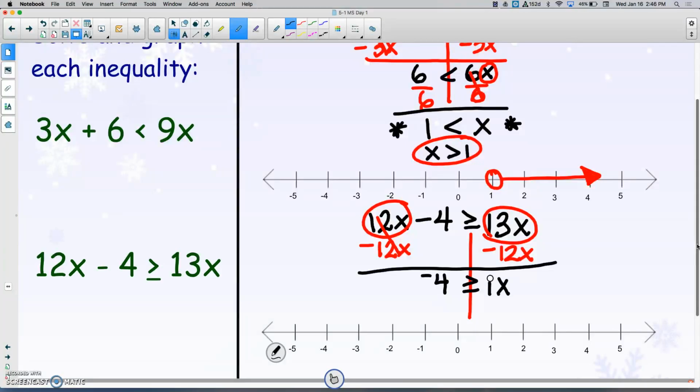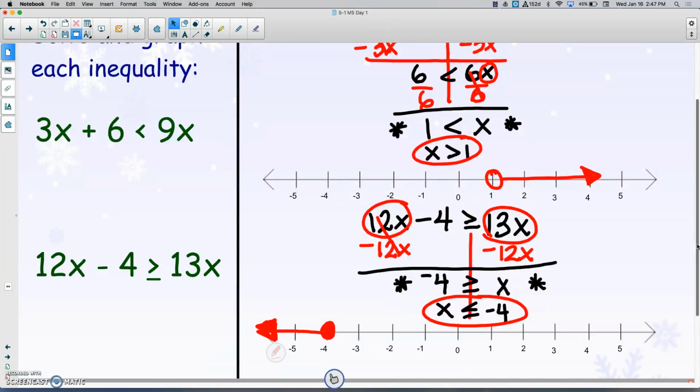So 1x is just x. And then I can flip it to get the variable on the correct side. x is less than or equal to negative 4. Closed circle. Going to the left. All right, that is it for solving our one-step inequalities with adding or subtracting today.